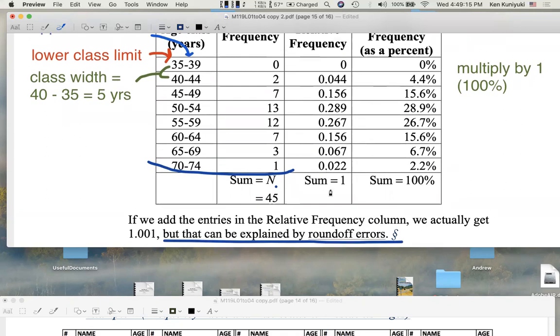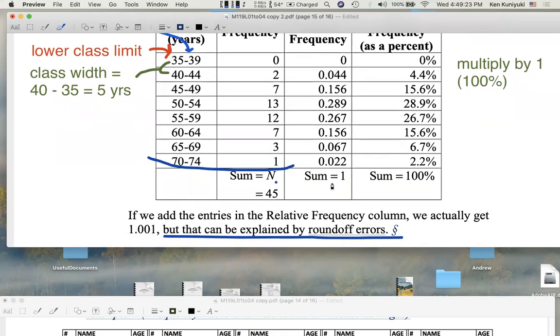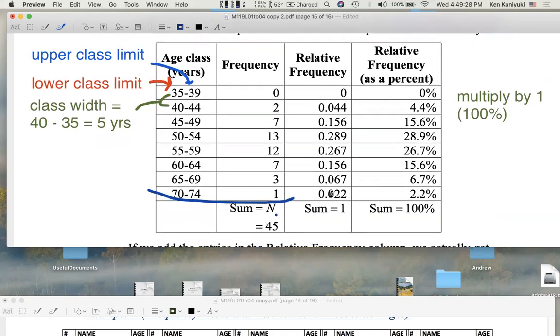Now, if you add these up and you get 2 or 3, or something like that, or a negative number, then worry, okay? But if the sum is 1.001 or 0.999, I think you're okay. As a check, the percents have to add up to 100%. Again, if you're a tiny bit off, you could chalk that up to rounding error.